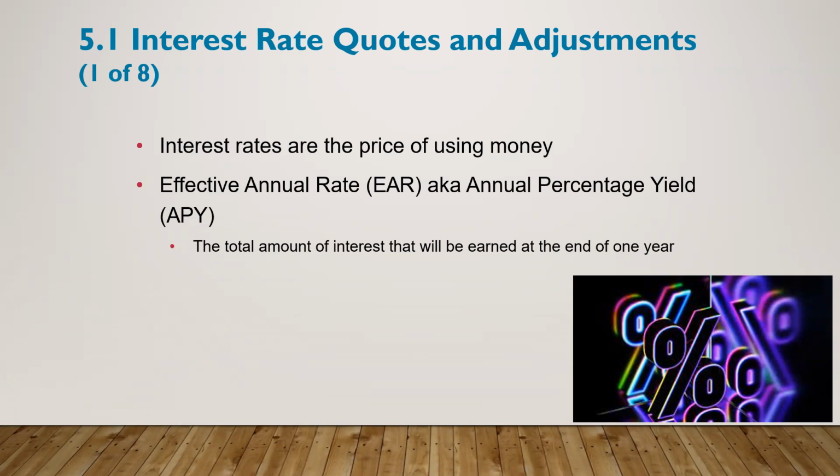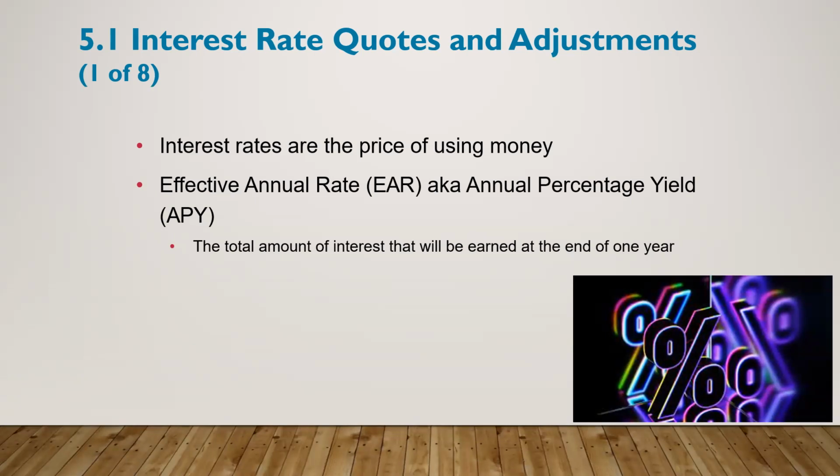The EAR is particularly useful for comparing different financial instruments with varying compounding periods, allowing for a standardized and comparable assessment of their true annual rates. The EAR is calculated using the nominal interest rate and the number of compounding periods per year.